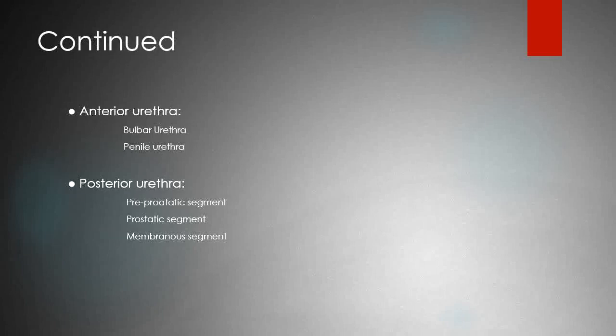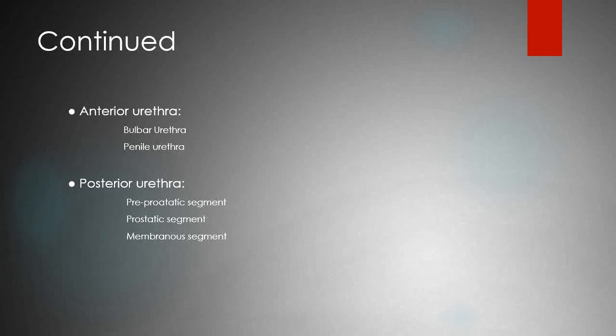Or we can study male urethra in another way by dividing it into 2 parts, anterior urethra and posterior urethra. Anterior urethra is 16 cm long and it constitutes bulbar urethra and penile urethra.